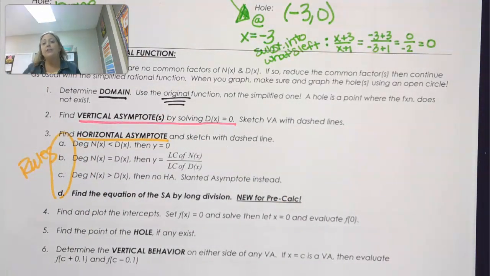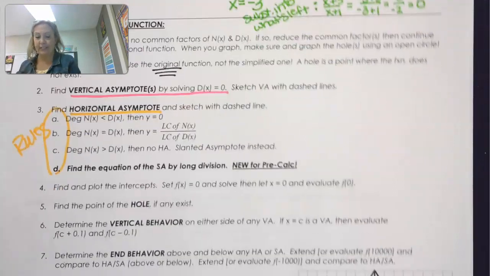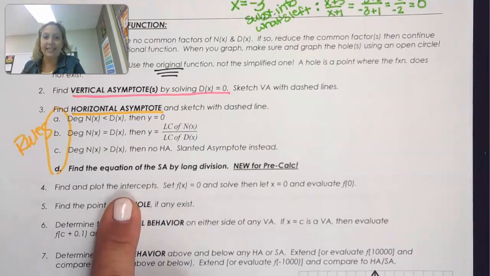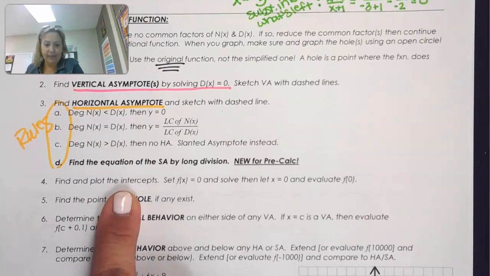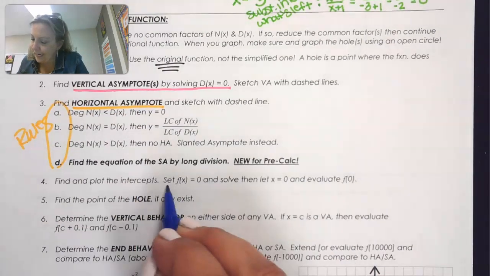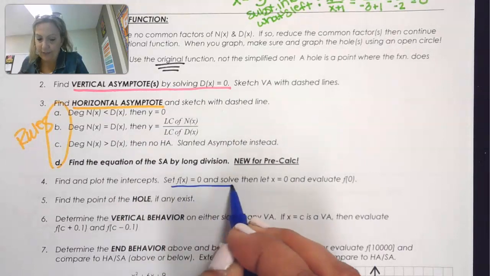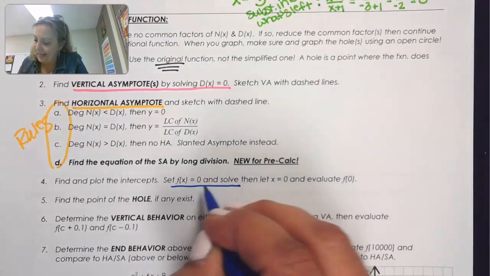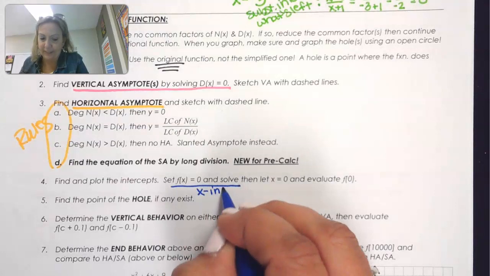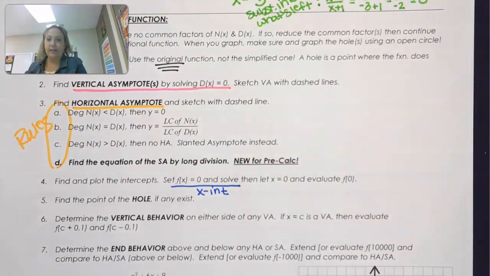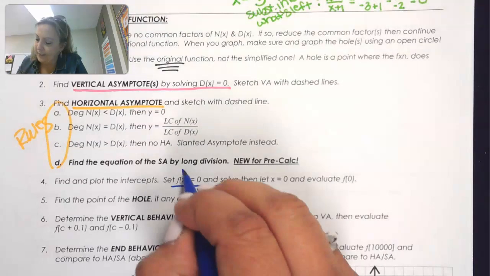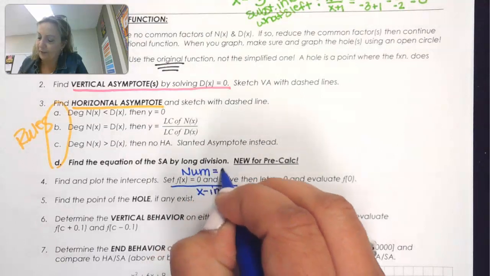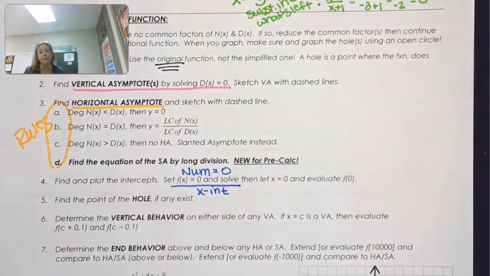Okay. So now to graph, we're going to include these things. We're going to find and plot the intercepts. Okay. And so what happens here is we're going to set f of x equal to 0 and solve. And that gives us the x-intercepts. Basically, to do that, we can just set our numerator equal to 0. So setting our numerator equal to 0 will give us those x-intercepts.